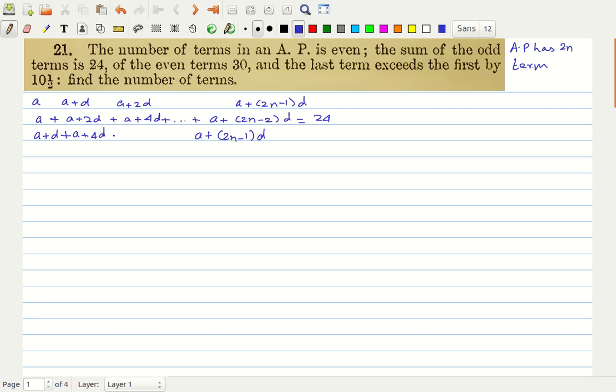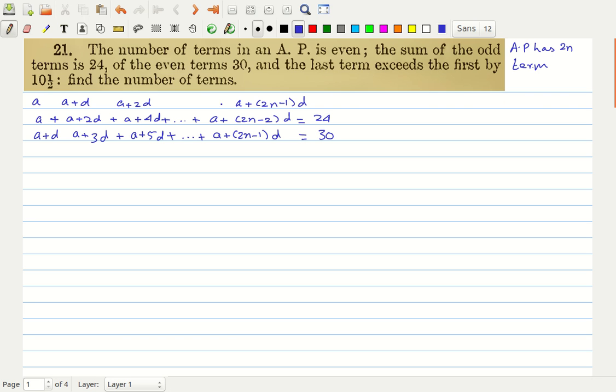Right? The sum of this is given to be 30.